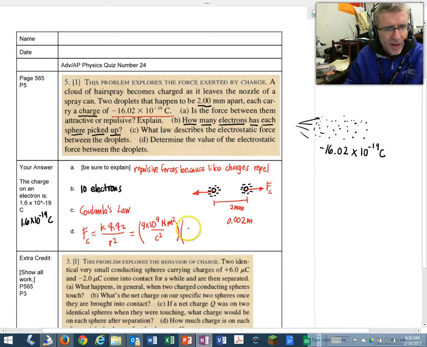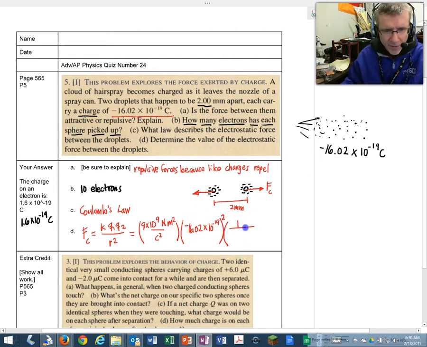So we've got minus 16.02 times 10 to the minus 19. And I'll just square that because we're working together. And then we're going to divide by the distance between them squared.